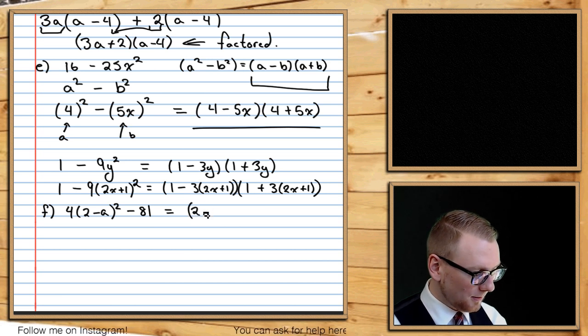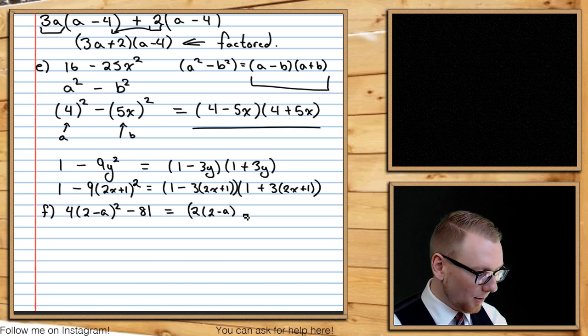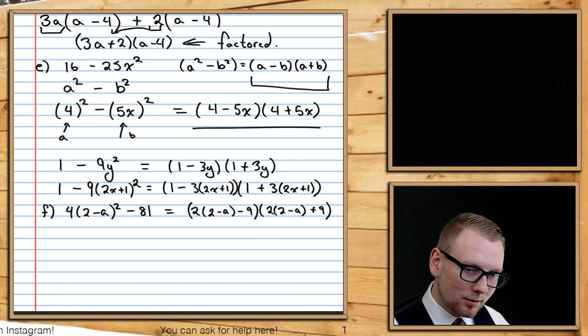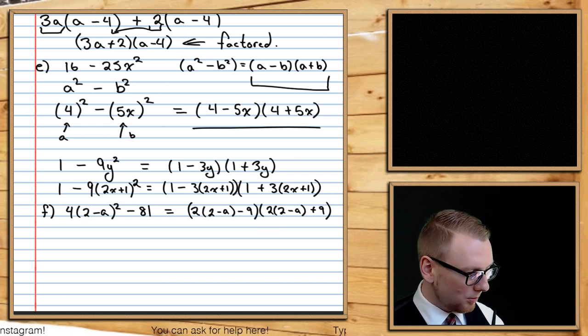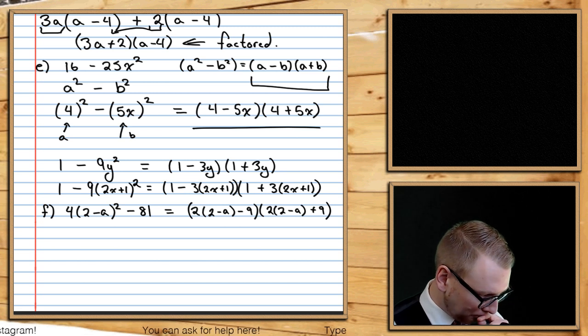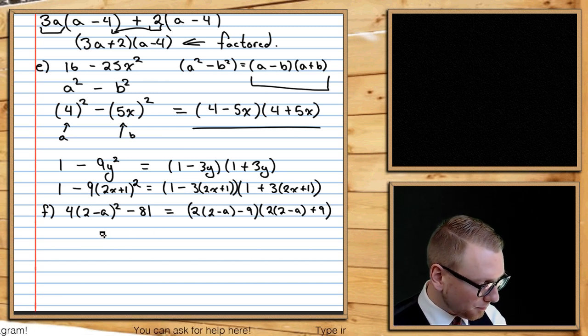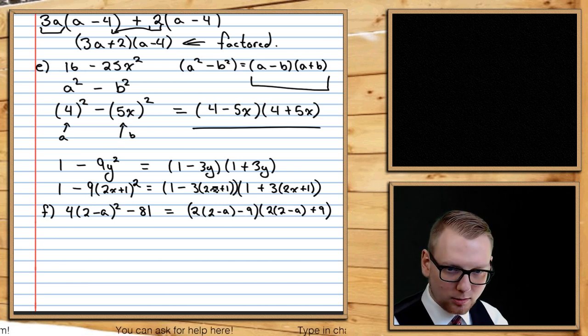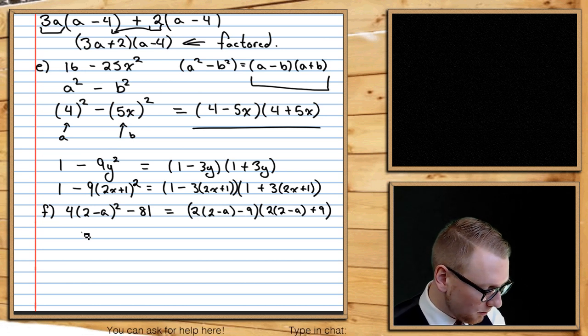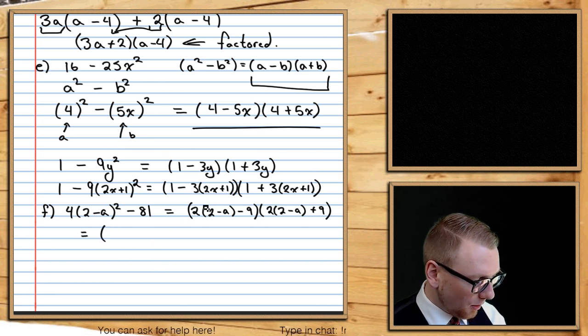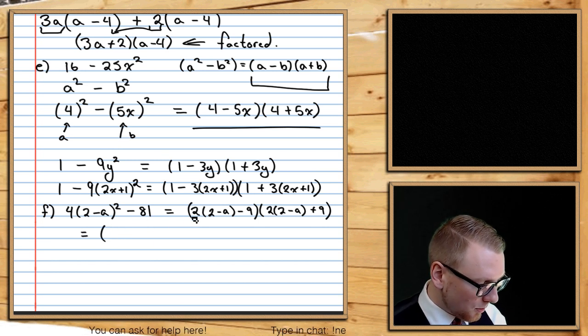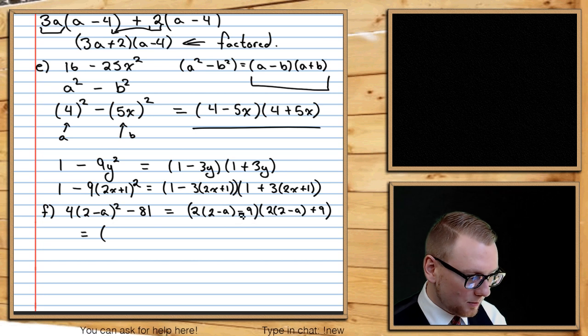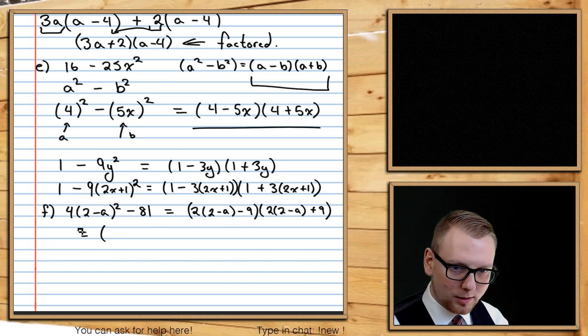2 times 2 minus a minus 9. This is probably what they'd want you to do, is simplify it. So you're going to multiply the 2 and combine like terms inside the parentheses. So we've got 2 times 2 minus a minus 9. So what would I write next?